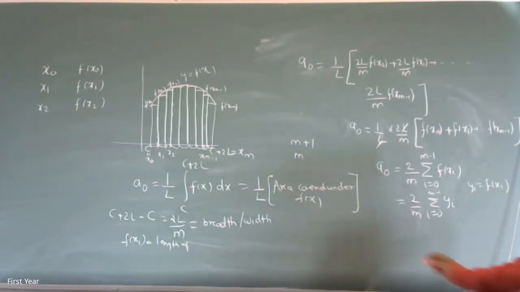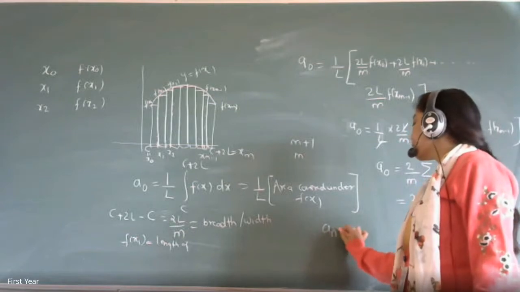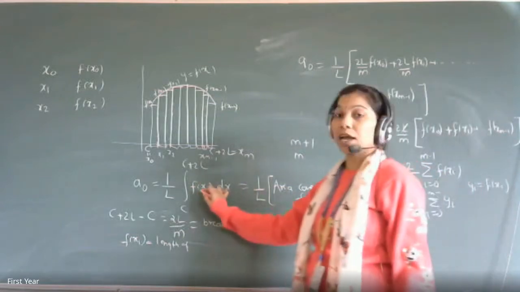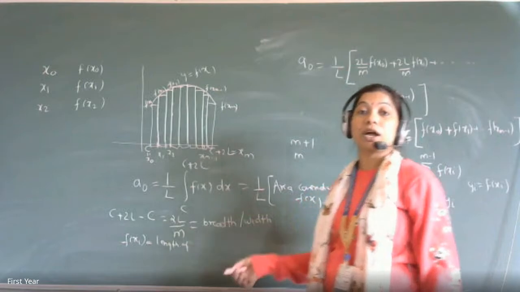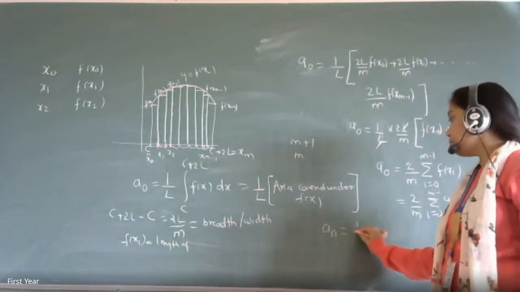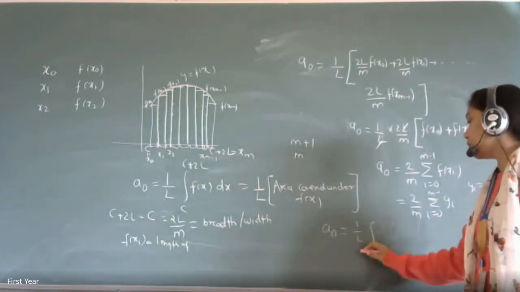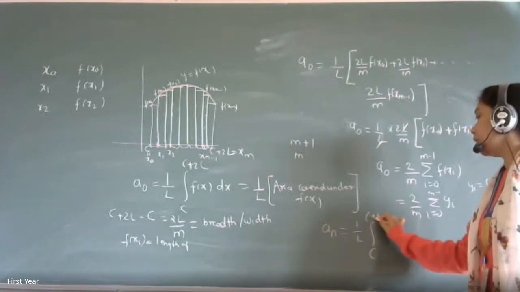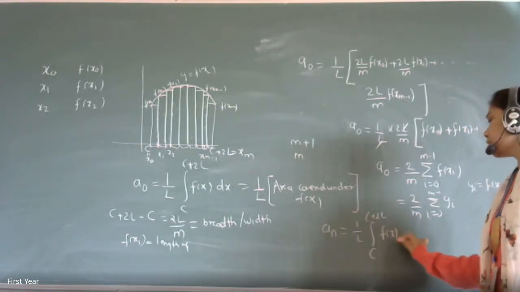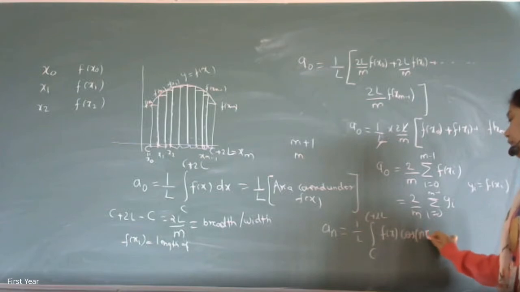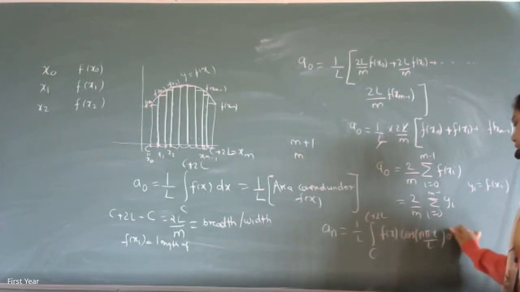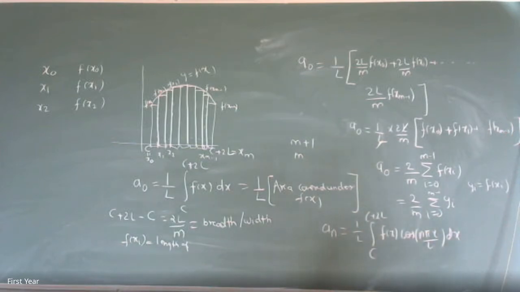Who will tell me what the formula for A n will be? In A naught, what was the function? f of x. Now in A n, what is it? A n equals 1 by n integration from c to c plus 2n of f of x cos of n pi x by n. This is your formula for A n, isn't it? Yes, sir. Here, what was the function?